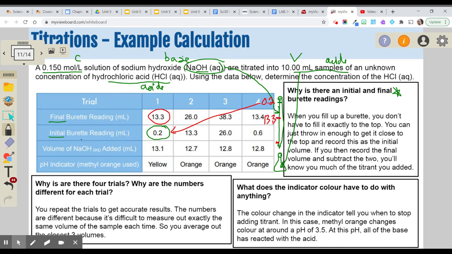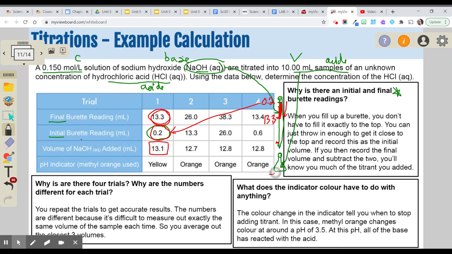This is the amount that you've added, because the levels have gone down as you added liquid into the sample below. So you take your final, the bigger number, subtract the smaller number, and there is the actual volume. That difference is 13.1, the volume of the base that was actually added to the sample in that trial.